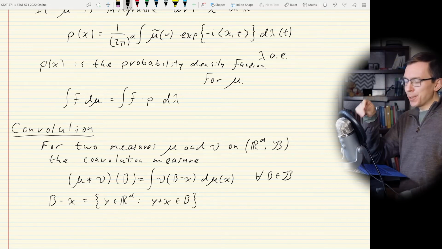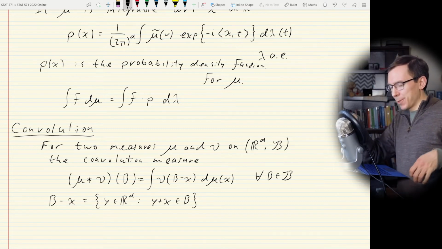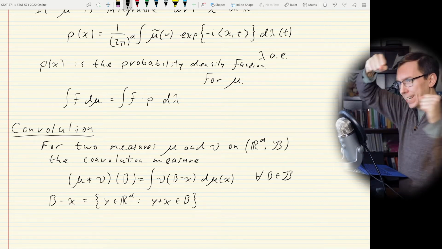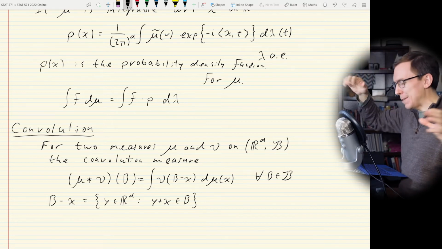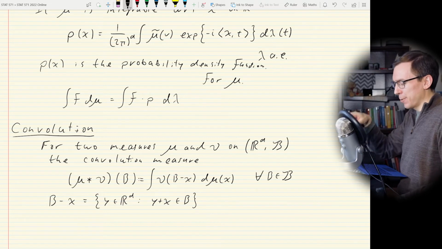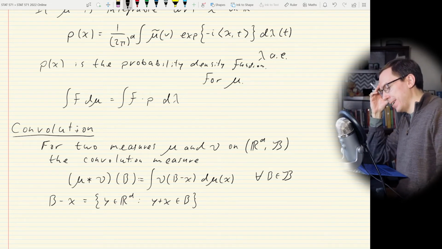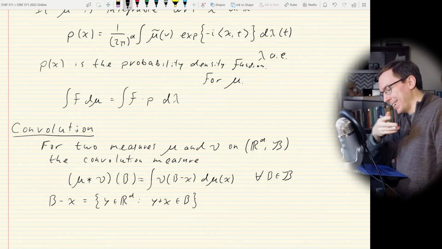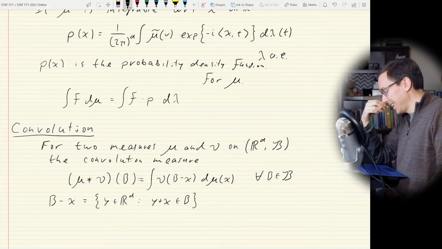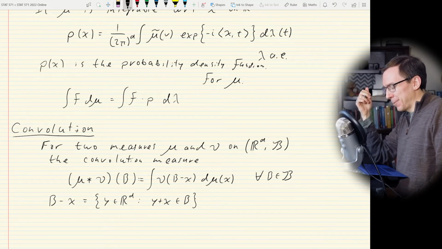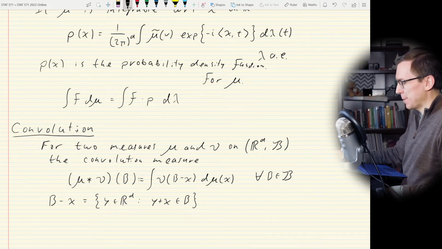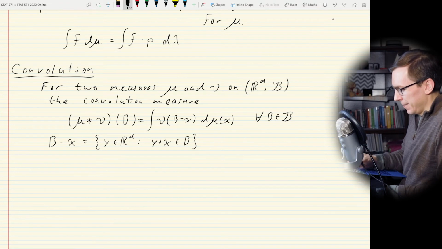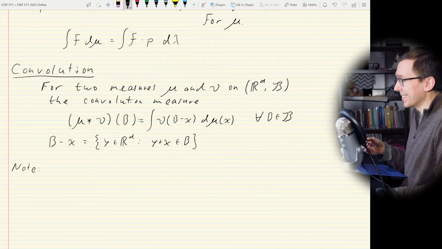So in some sense, what we're doing, if you look at this integral, is we're taking the set B and shifting it all around to every possible place we can in all of R^d, d-dimensional Euclidean space, and we're measuring it with respect to nu, and then integrating over that whole thing with respect to mu. So the convolution has some nice properties to it. I'm not going to prove them, I'm just going to note them, and you can try it yourself if you really want to.